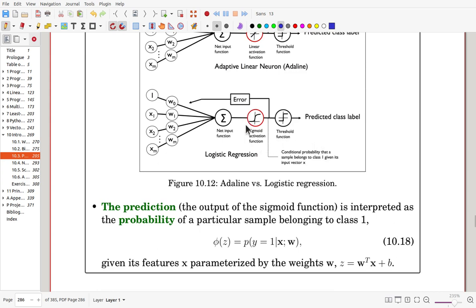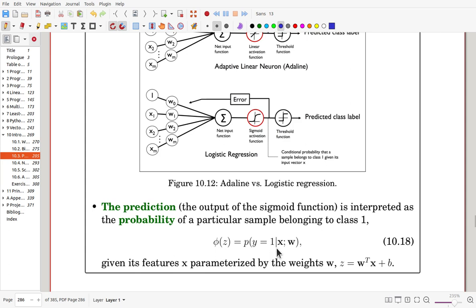Because we are using the sigmoid function, the activation value must be between 0 and 1. So the prediction can be interpreted as the probability of a particular sample belonging to class 1. Here, the value must be between 0 and 1.